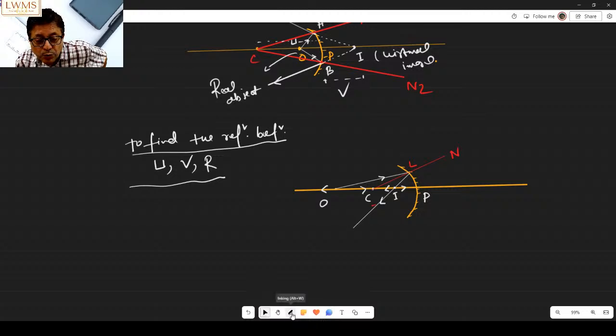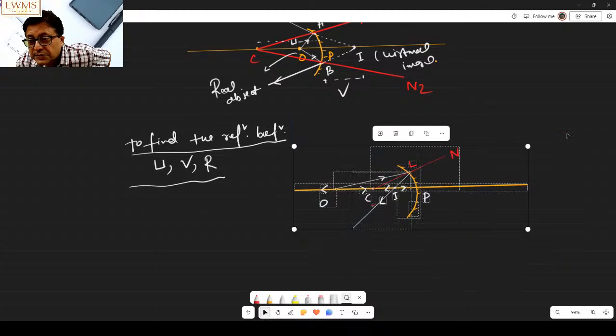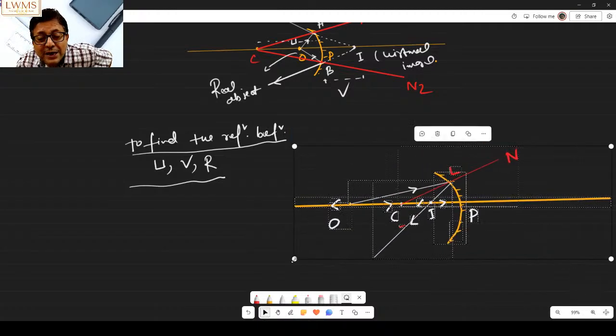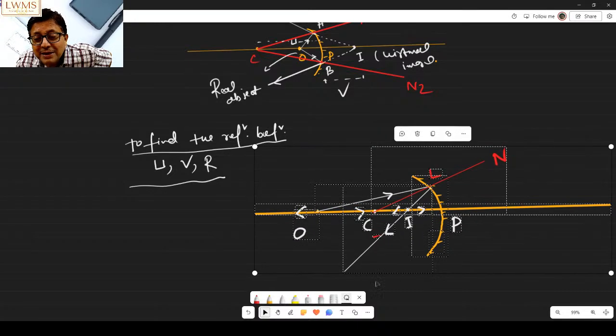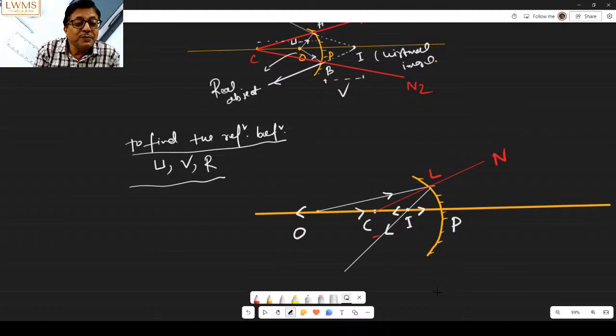Only one thing you have to keep in your mind, that these rays are paraxial. What is paraxial? Paraxial means very close to the principal axis. Aperture should be very small.